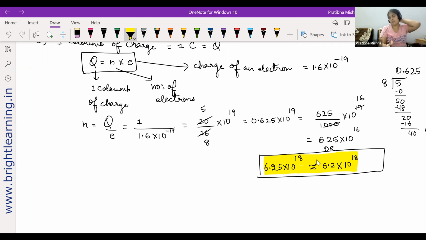Or people also round it off more and call it 6 into 10 to the power 18. That's how you will get it. That is the number of electrons, N. This is how you will do the questions.